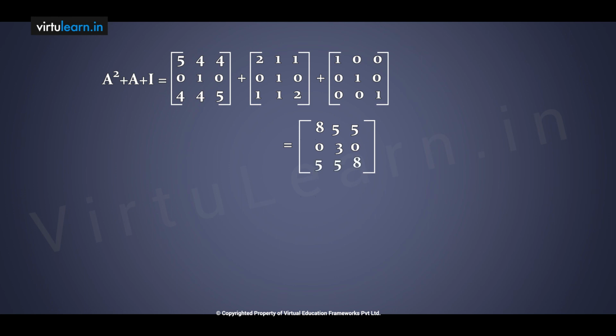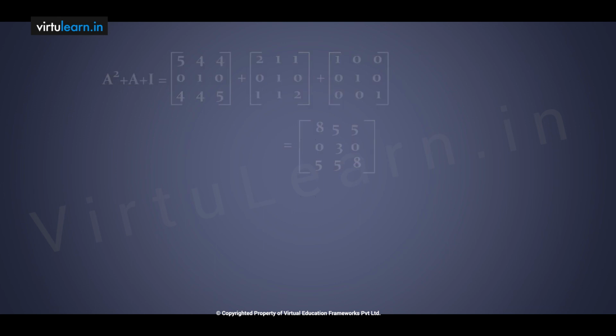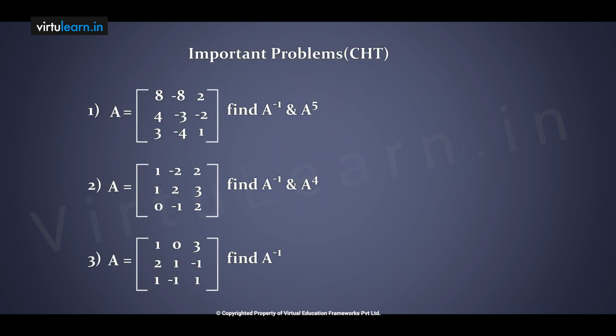Now this is the matrix value of the given expression. Now, important problems on Cayley Hamilton theorem. By using Cayley Hamilton theorem you can calculate the inverse and powers of the given matrix. Now these are the three important problems on Cayley Hamilton theorem.